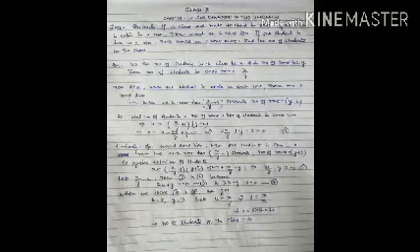Now the second condition is also given in the question, that when one student is less in a row, means each row has x upon y minus 1 students, then total number of rows will be 3 more, means y plus 3.